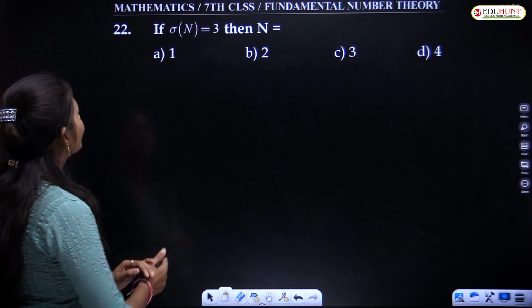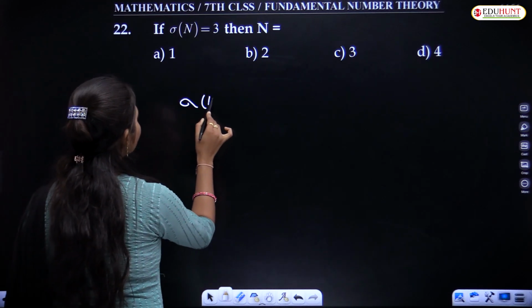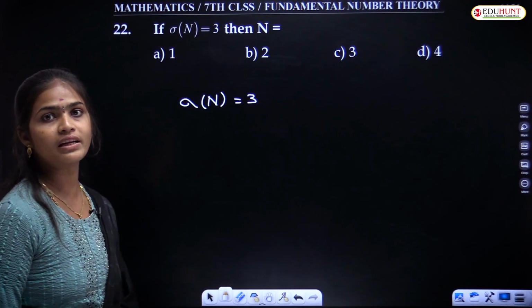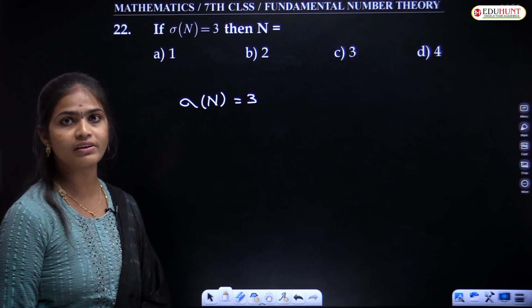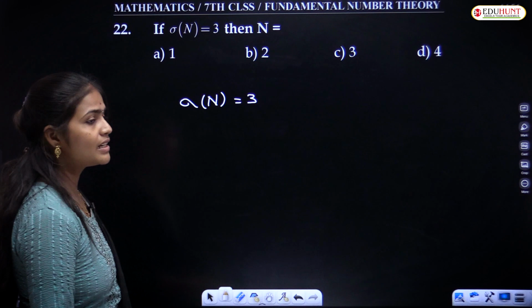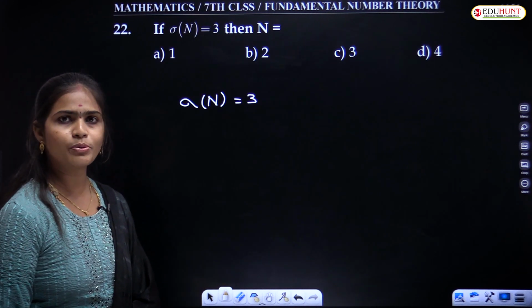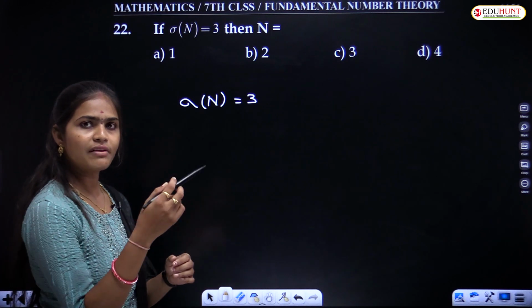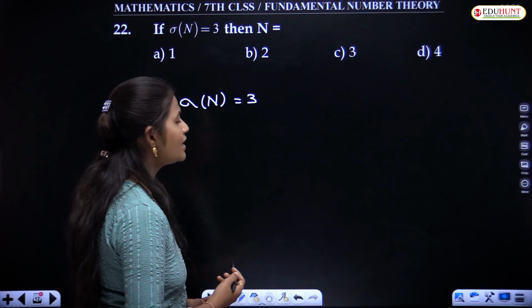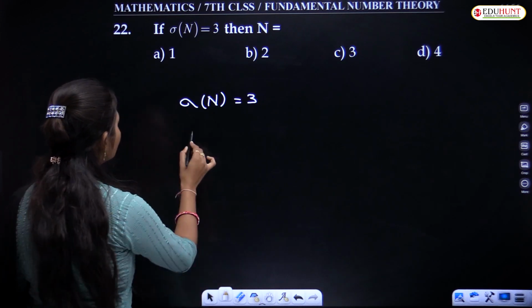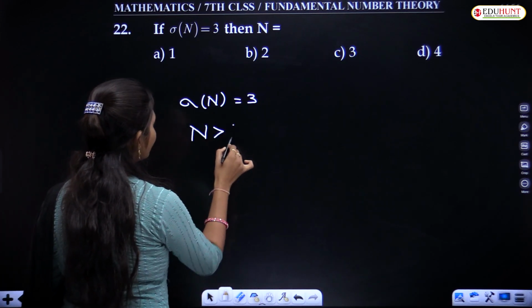Now question number 22. Sum of the divisors of a given number. Sigma of n, the sum of the divisors, is equal to 3. When is it possible? Every number has a sum, right? But here n should be greater than 1.